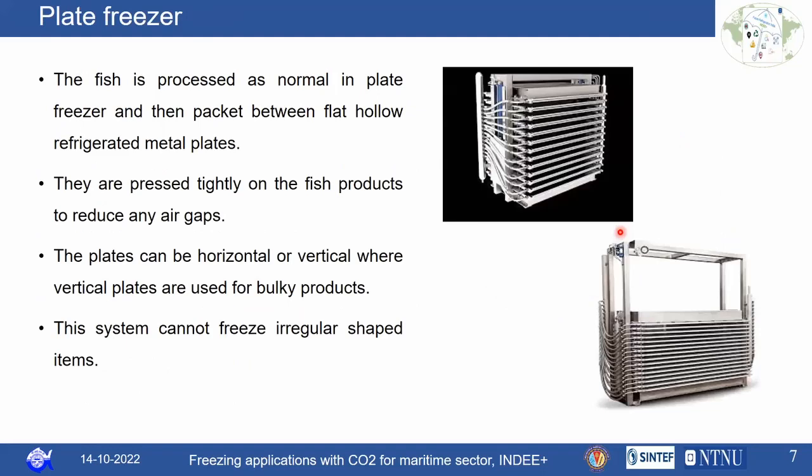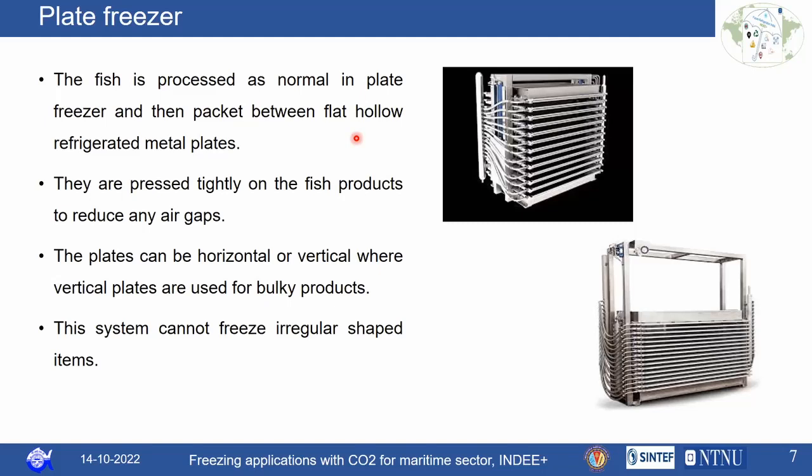The next one is another type of freezer, that is the plate freezer. In this plate freezer, you can see there will be plates in the system, and the fish is packed between flat hollow refrigerated metal plates, and they will be pressed tightly. It will be pressed in such a way that there won't be any air gap or air resistance in the cooling, so efficient cooling can be obtained.